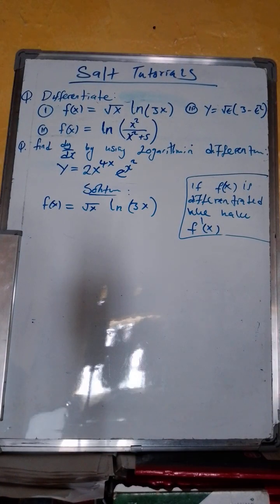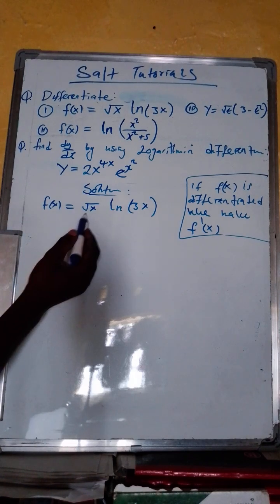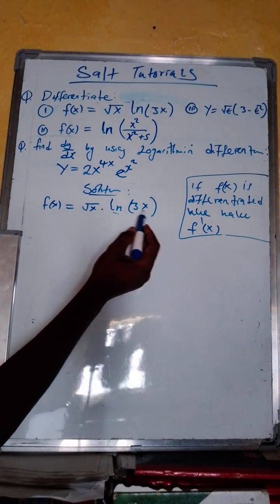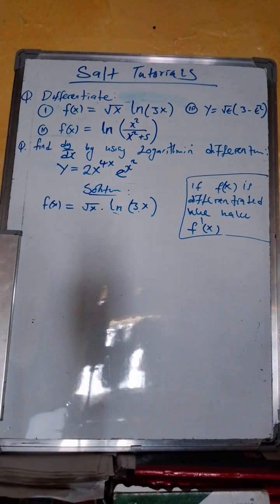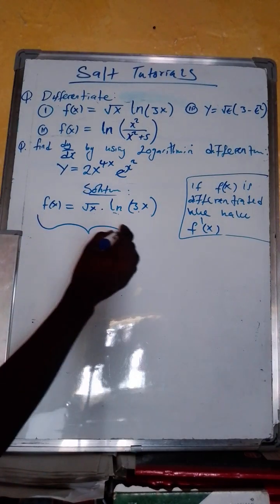Now, let's pay particular attention to what we have. f of x is made up of the root of x multiplied by the natural log of 3x. If you have a function which is a product of two functions, then here we are going to use the product rule.